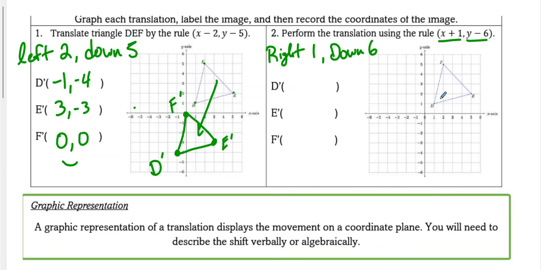So D is going to move 1 to the right, and then 1, 2, 3, 4, 5, 6 down. Sorry, to the right 1, and then down 6. And to the right 1, and down 1, 2, 3, 4, 5, 6.